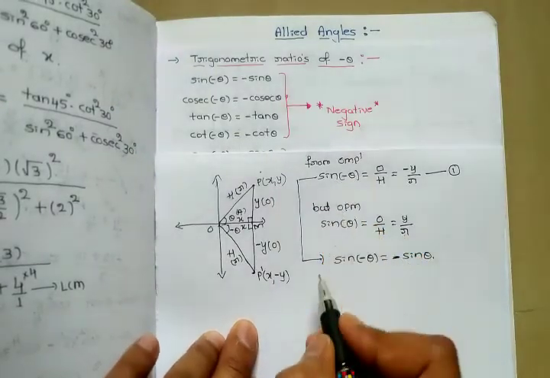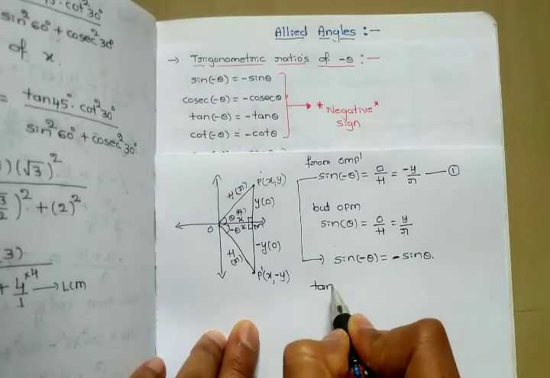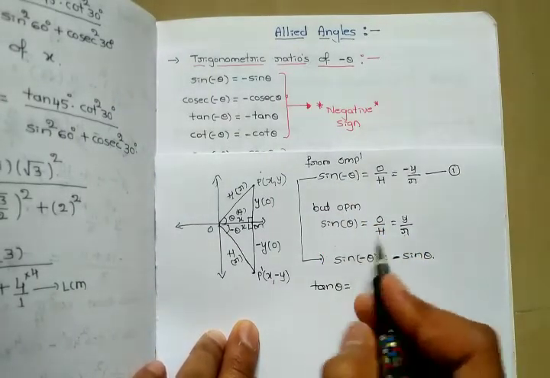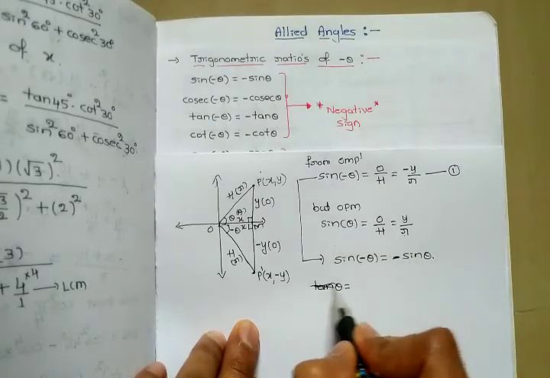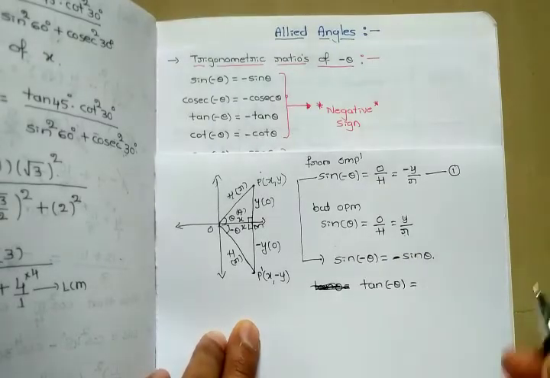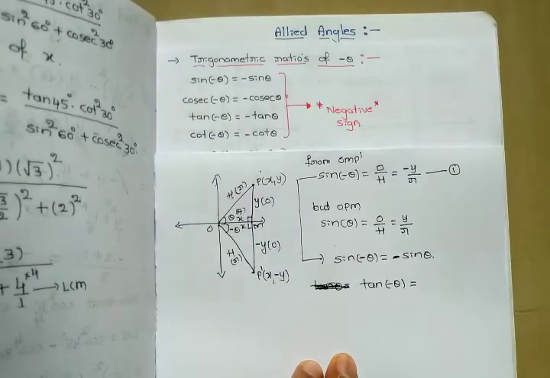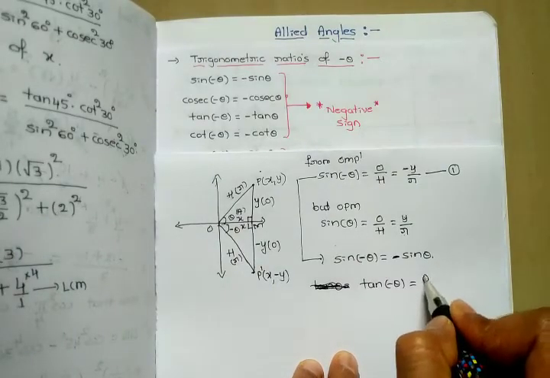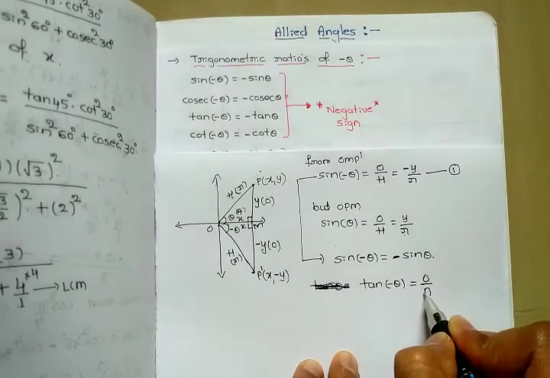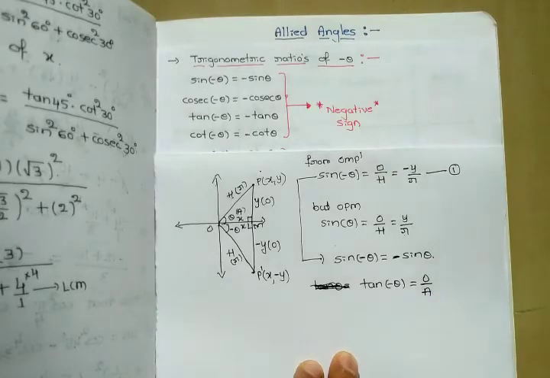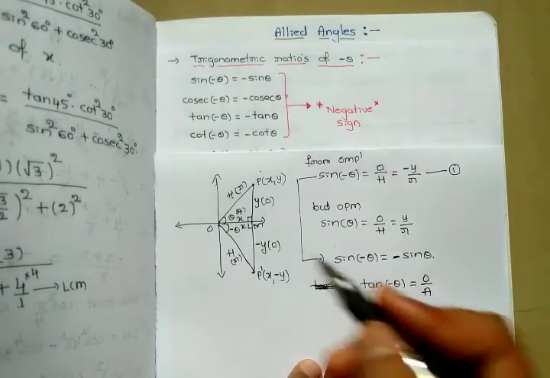Next, same if I take tan theta. Tan of minus theta is equals to, you know, the tan formula is opposite divided by adjacent side.